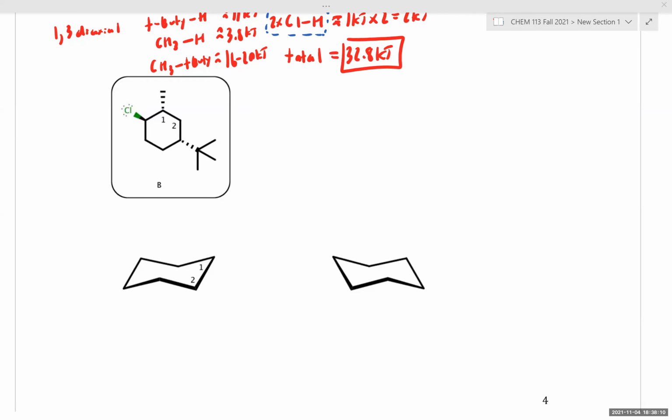It would, yes. But what we'll see when we do the energy calculations for these two chair conformations is that the energies of the highest and lowest energy chair conformations are identical between the two enantiomers. Because enantiomers are just mirror images, they'd have the same types of interactions in one of their chair conformations.